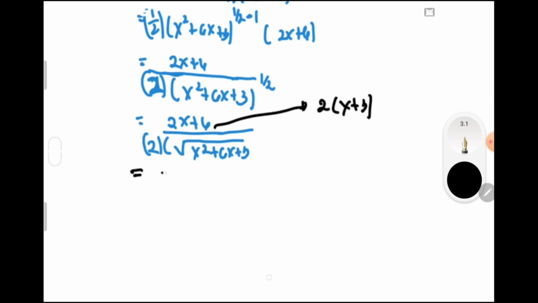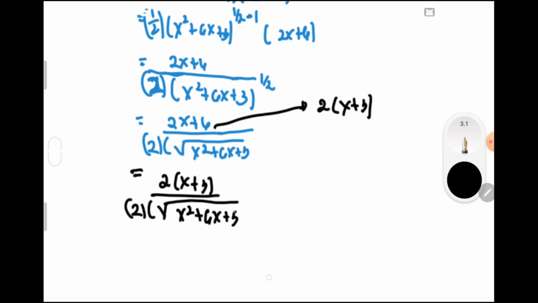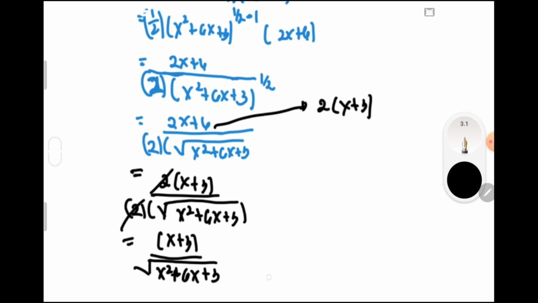So from this, we'll have a value of 2 multiplied by x plus 3 divided by 2 multiplied by square root of x squared plus 6x plus 3. So from this, we cancel out the 2 and will have a value of x plus 3 divided by square root of x squared plus 6x plus 3, which is our y prime.